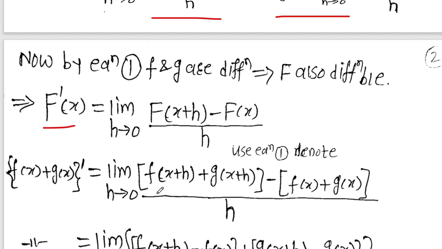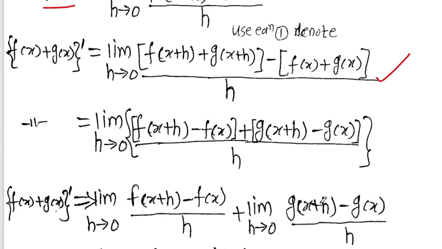So f of x plus h plus g of x plus h minus F of x as it is from equation number 1, f of x plus g of x, divided by h. So here we have used the equation number 1 notation. Now the left hand side as it is, the derivative of f of x plus g of x equals limit h tends to 0, as it is.